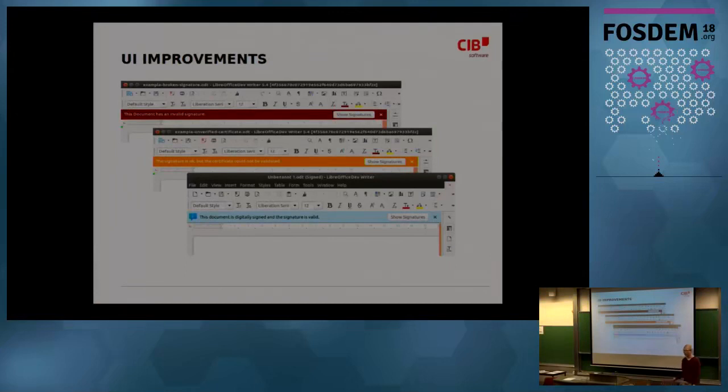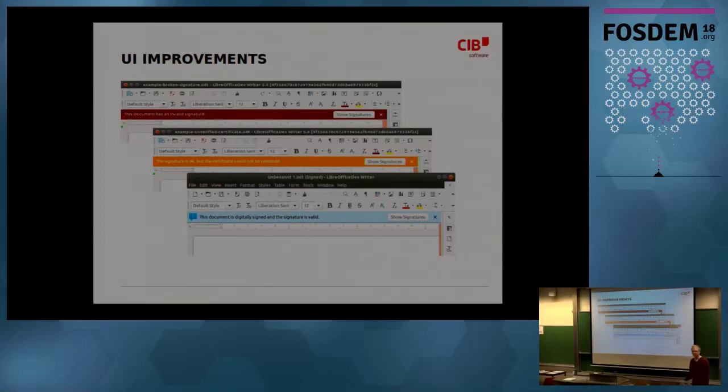Then we also made some UI improvements. Before, the status of the current signature was only displayed very small in the status line, and there was also a dialog popping up when the signature was invalid. We improved that and used these colored info bars. The one below is even from a newer version. It has an icon also.